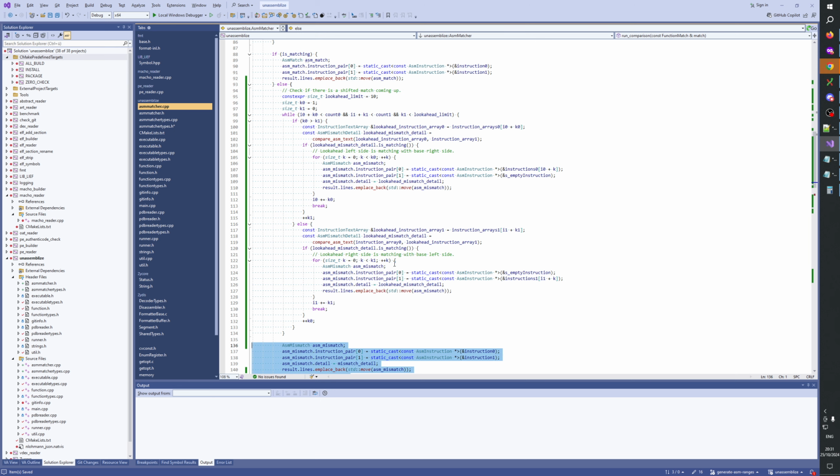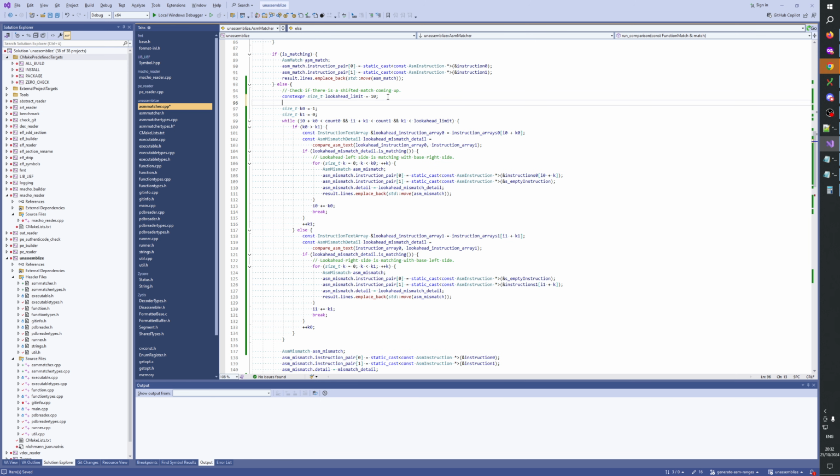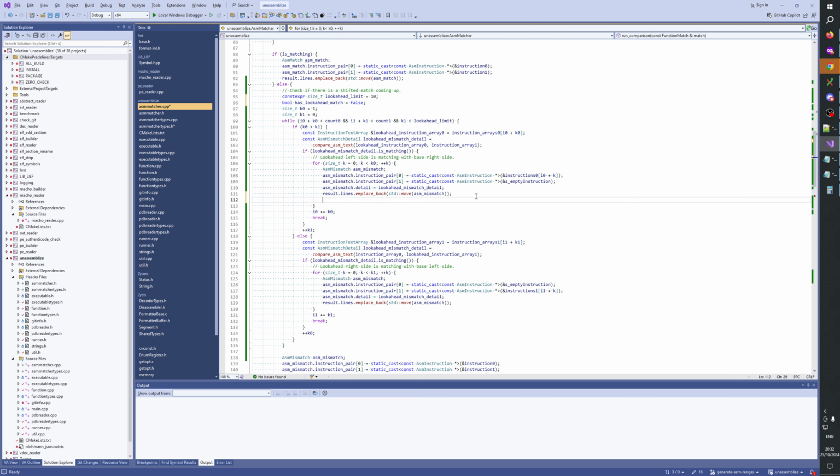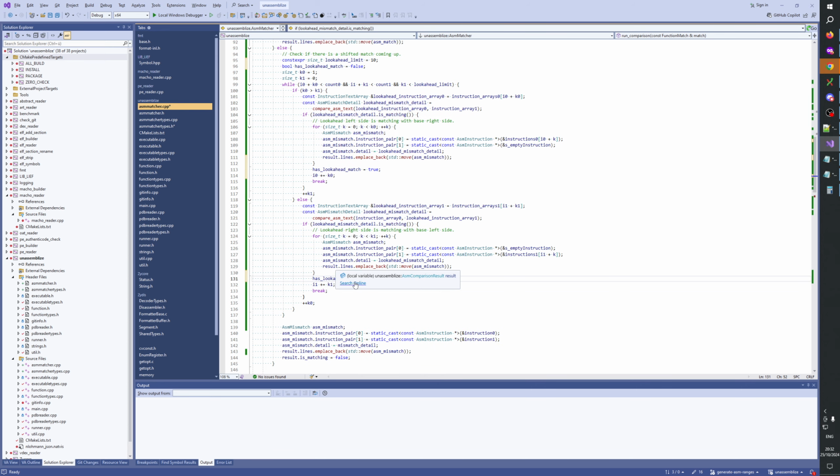So we need something like a bool has look ahead match, false, and then we say has look ahead match equals true, and the same here. I wonder if we can also determine this implicitly from these.